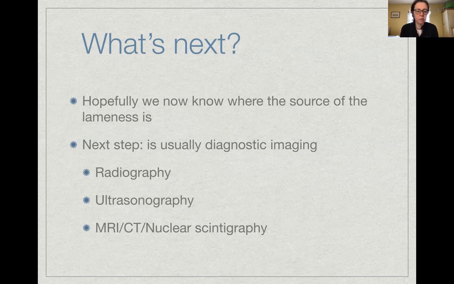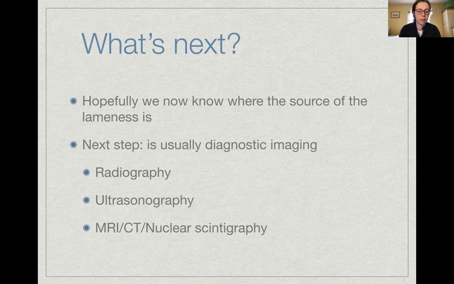And then we also have the option of more advanced imaging techniques. So magnetic resonance imaging, computed tomography, and nuclear scintigraphy are all techniques that are available for use in horses and other species in Ireland and abroad, and they are being increasingly widely employed.